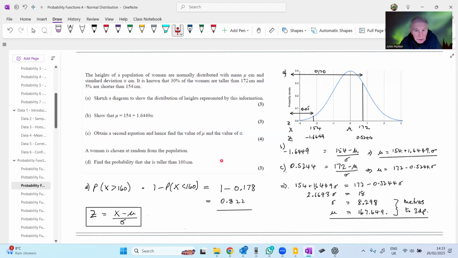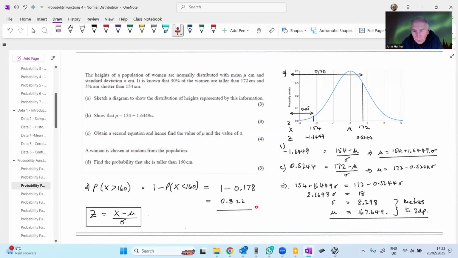And as is often the case with these, we get a bonus mark for the next part. So having done that correctly, we can then go on and use that. Of course, if we haven't actually found sigma and mu, then these marks aren't going to be available to us.